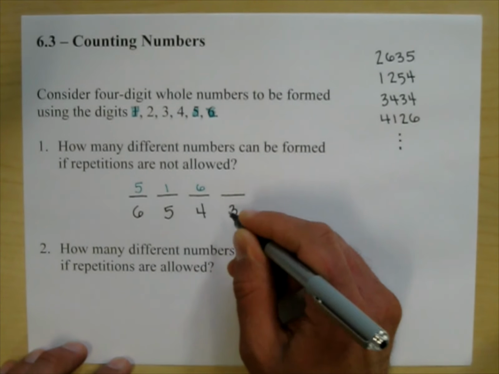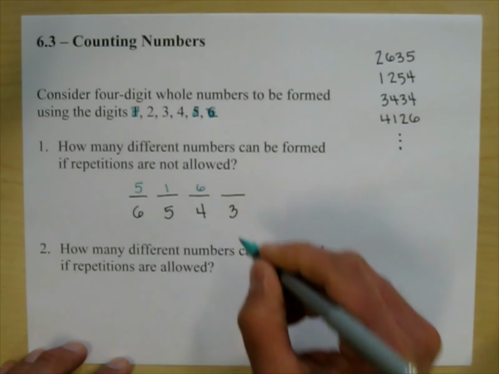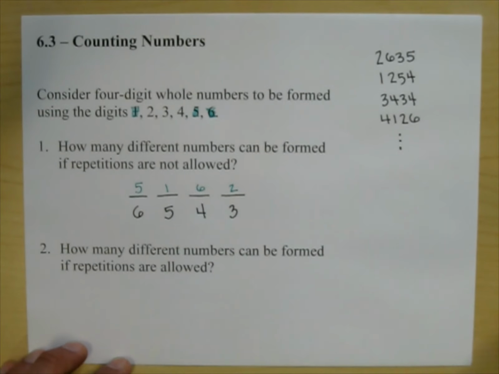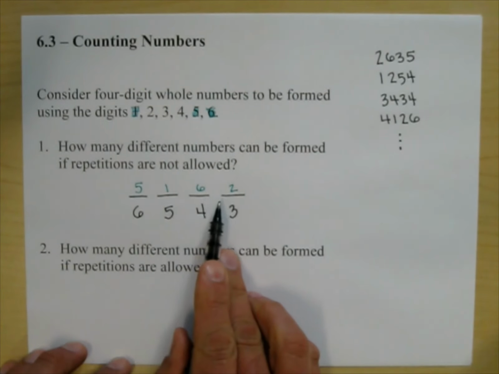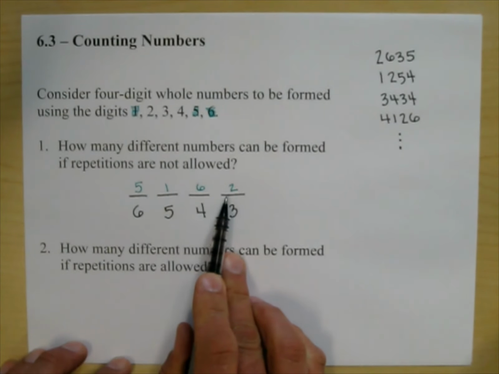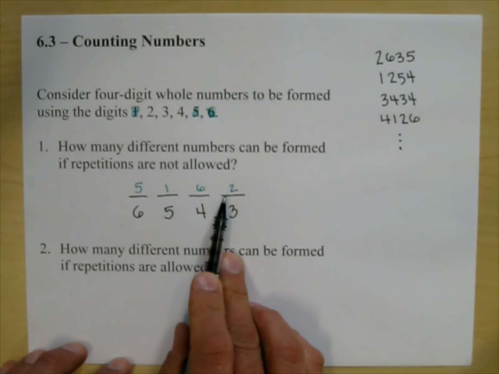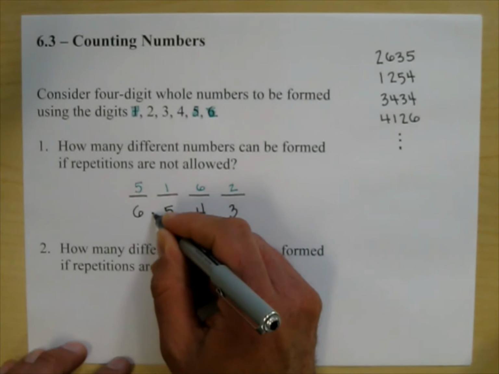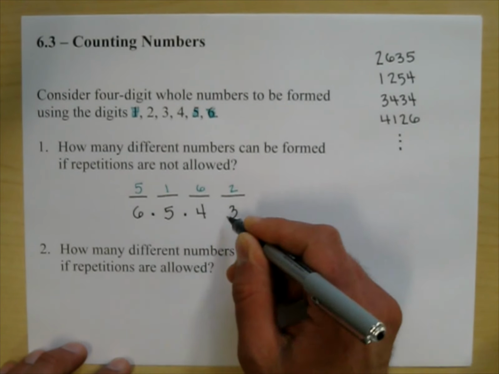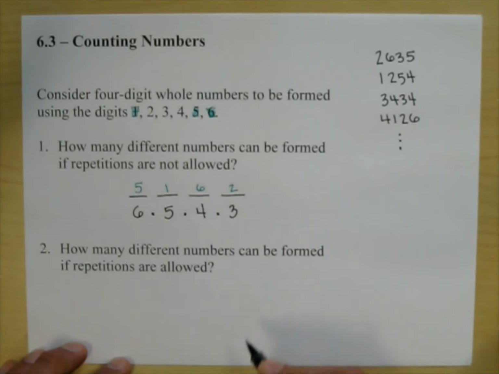Put a 3 there. And perhaps we can put a 2 right there. Now the green thing doesn't really matter. That's just one of the many numbers that I'm counting. Okay. What matters is what happens below. 6 times 5 times 4 times 3.